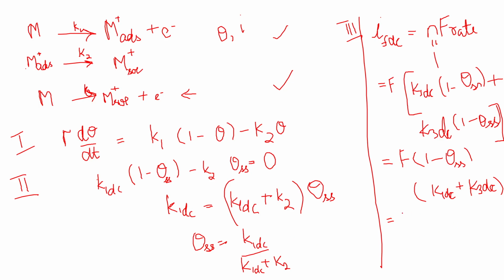So if I substitute there, what will I get? I'm just cross multiplying 1 minus theta SS, so I'll get something like K1 DC plus K2 minus K1 DC. What I did is 1 minus theta SS, and I did not write that step; I'm directly cross multiplying it.